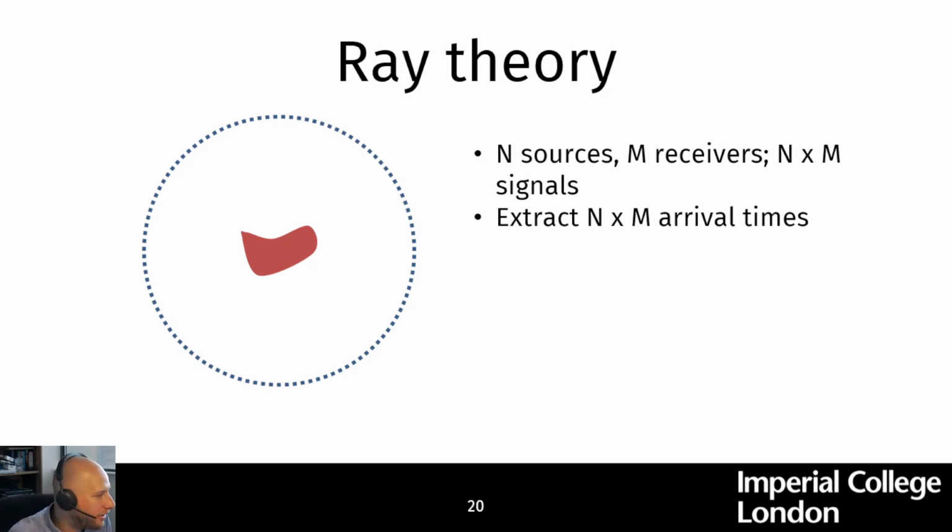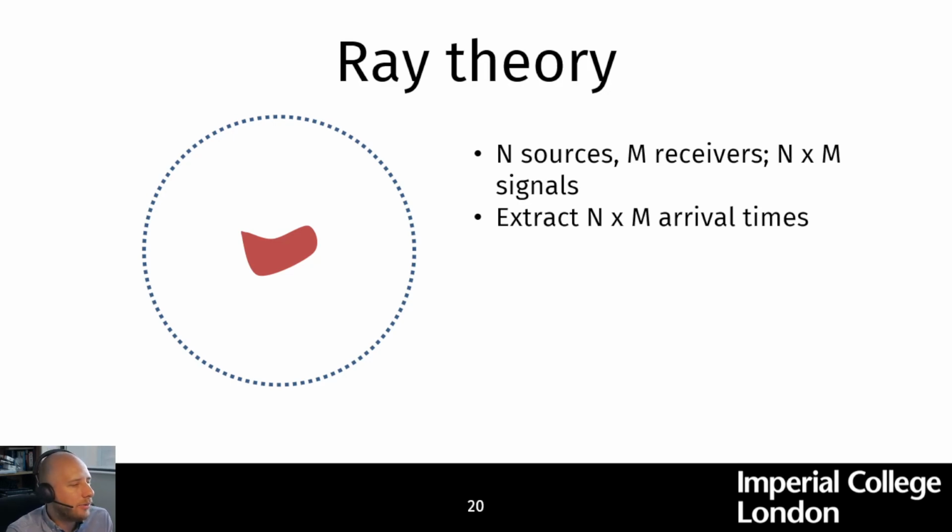I've not introduced that so far, but essentially this means that you end up with n times m signals because you do all the different send and receive combinations. So you transmit on the first transducer, you receive on all, you then transmit on the second transducer, you receive on all, and so on, such that you get all the different send and receive combinations. And then you end up with effectively a big matrix of signals, if you like.